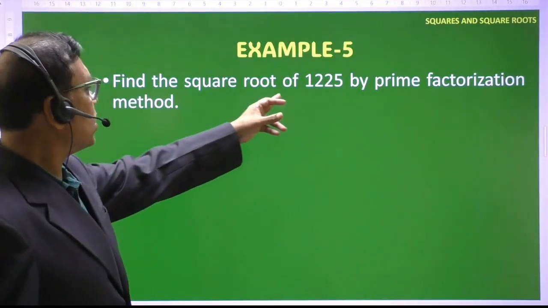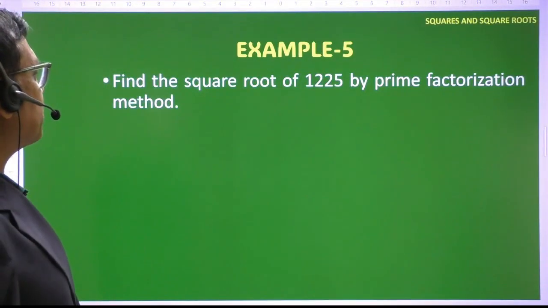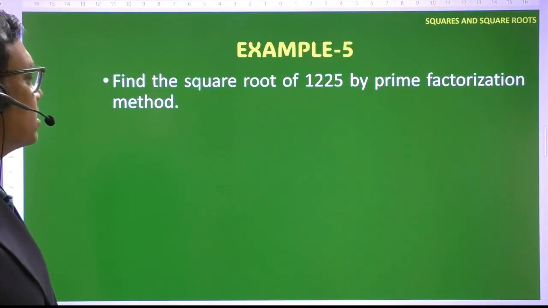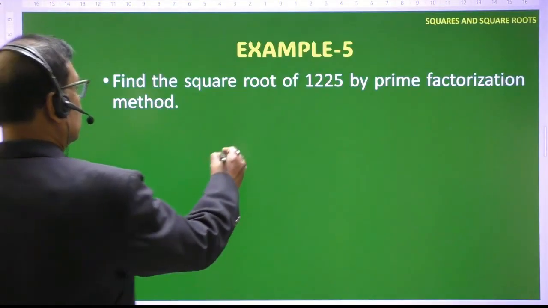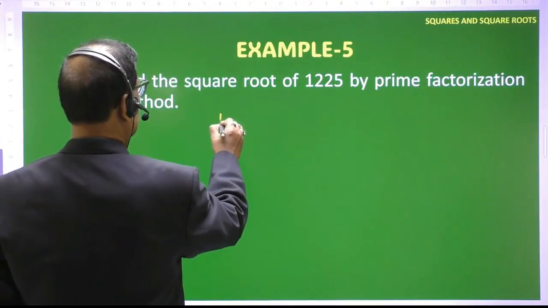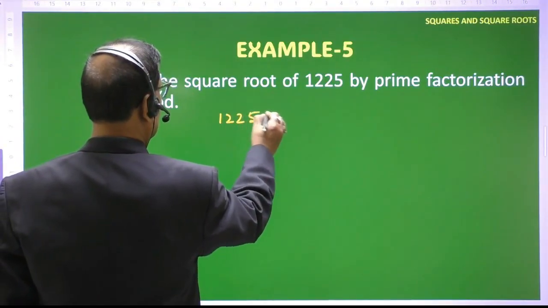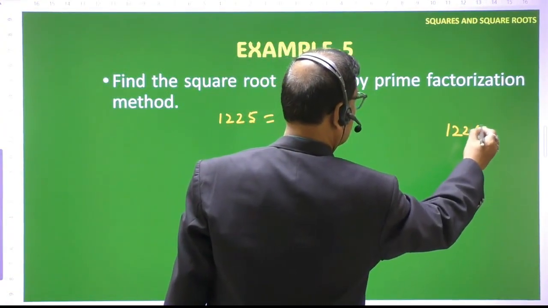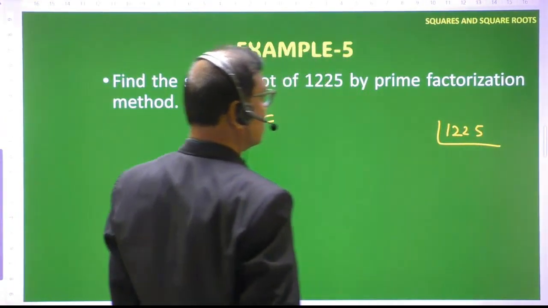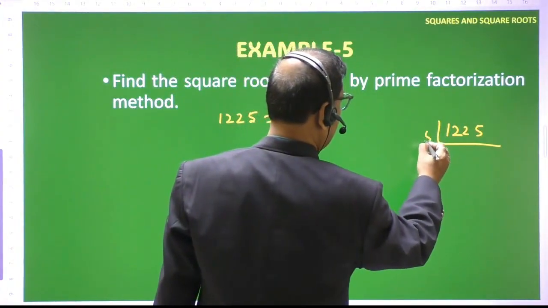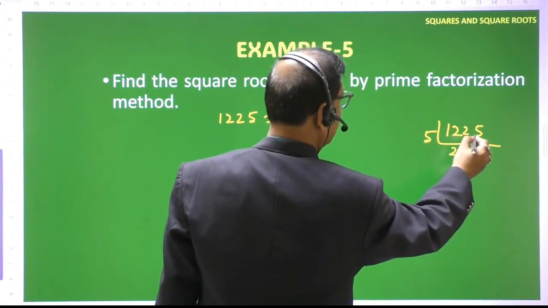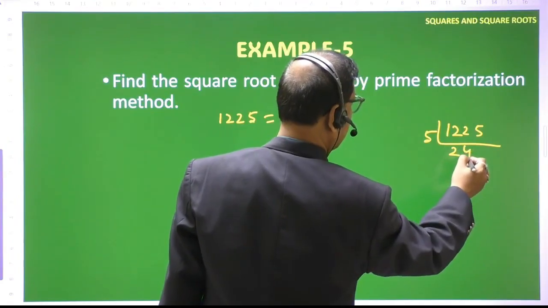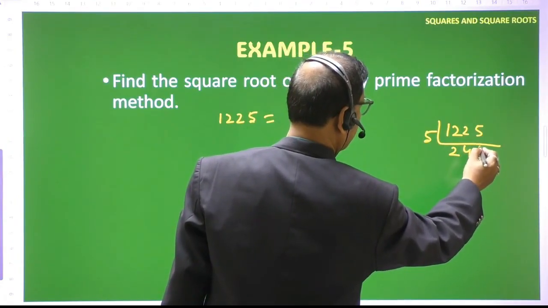Find the square root of 1225 by the prime factorization method. 1225. So find out the prime factors of this number. Obviously it is divisible by 5: 5 twos are 10, 5 fours are 20, 5 fives are 25.